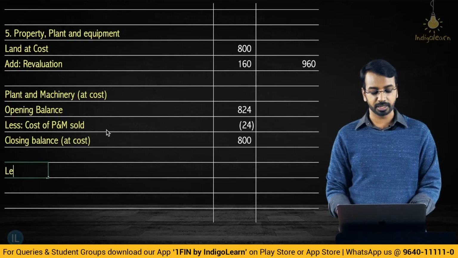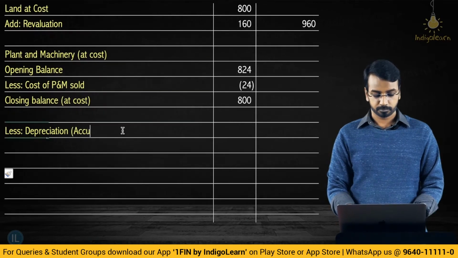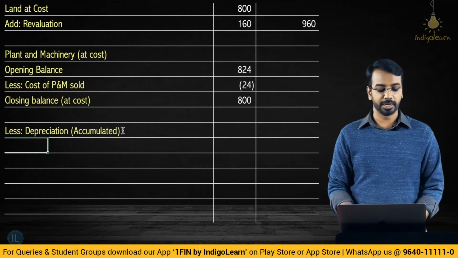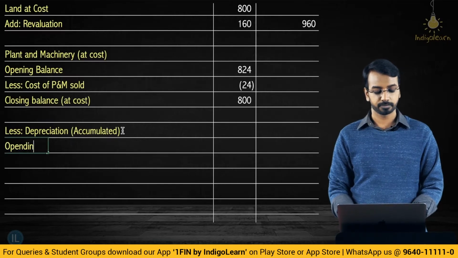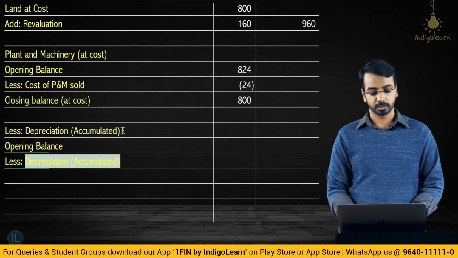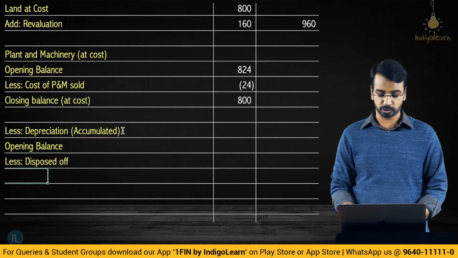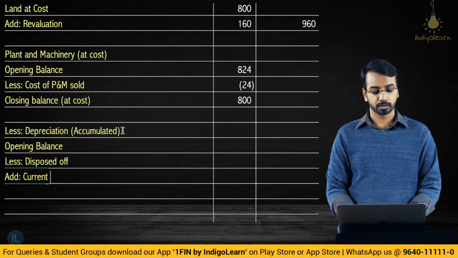Now, from this we have to deduct depreciation. Now, depreciation, which is accumulated balance, you have to see opening balance. Opening balance, then less disposed of. A portion has been disposed of, and add current year depreciation.